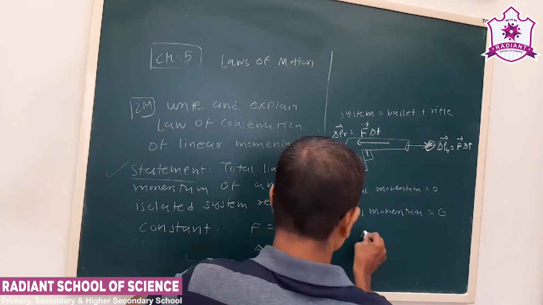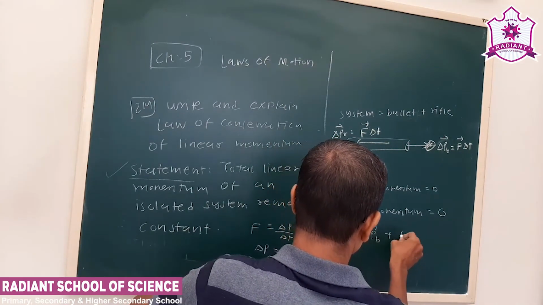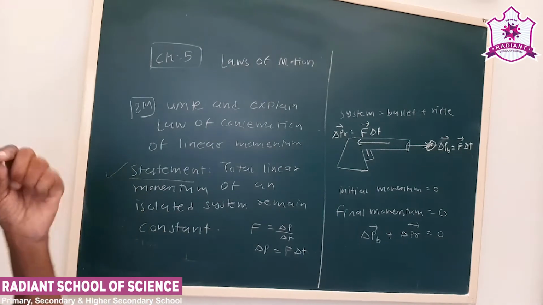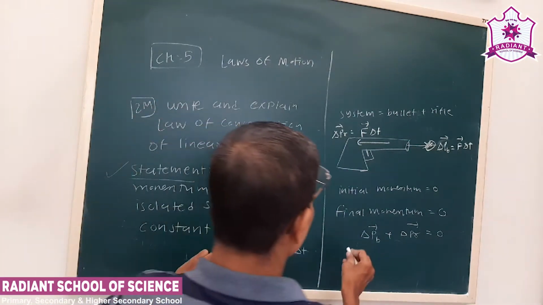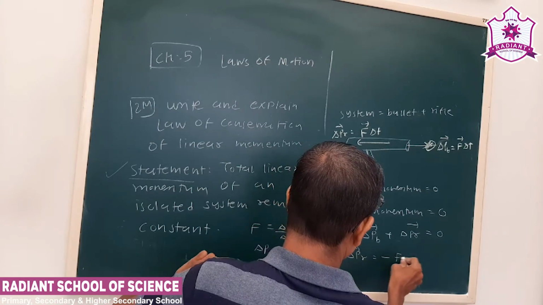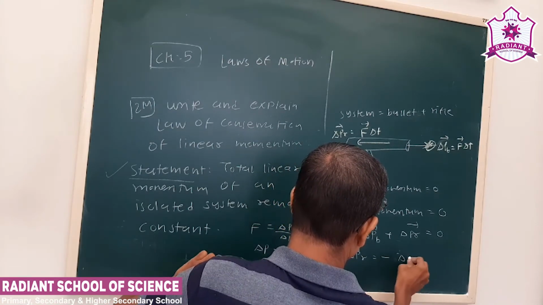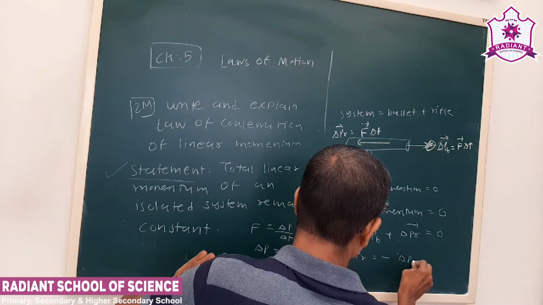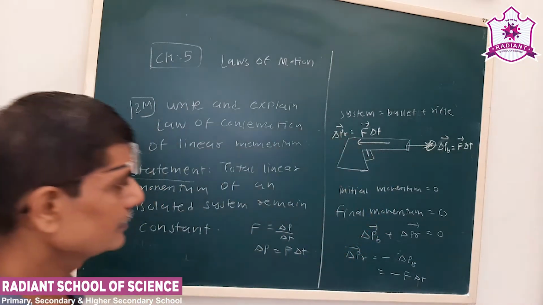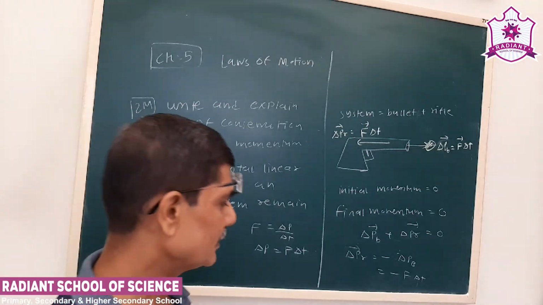So we can write delta PB plus delta PR is 0. In that case, delta PR will be minus F into delta T.